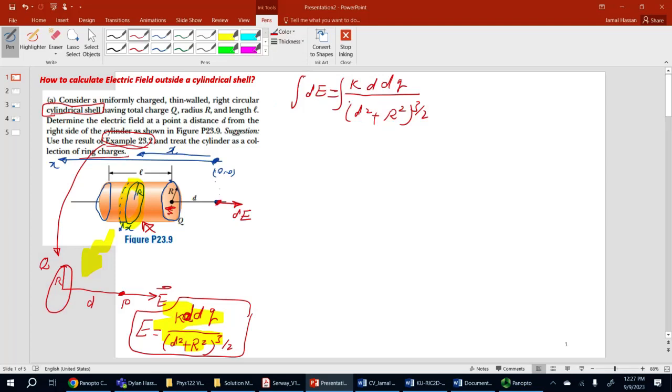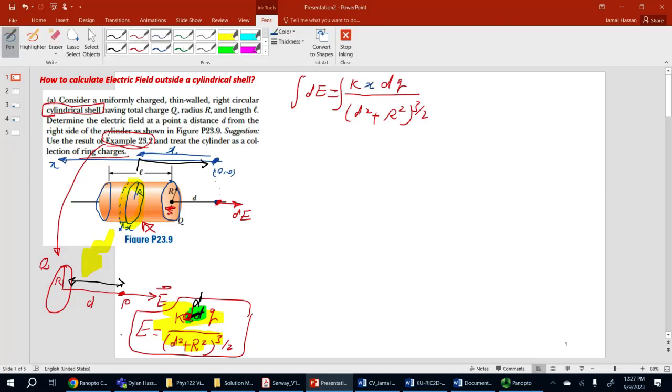Now it's very important. If we look at this expression here, we have a d, right? d was the distance between the point and the ring. But in our case, the distance between the ring and the point is x. So the first thing, we need to change this d to x, right?